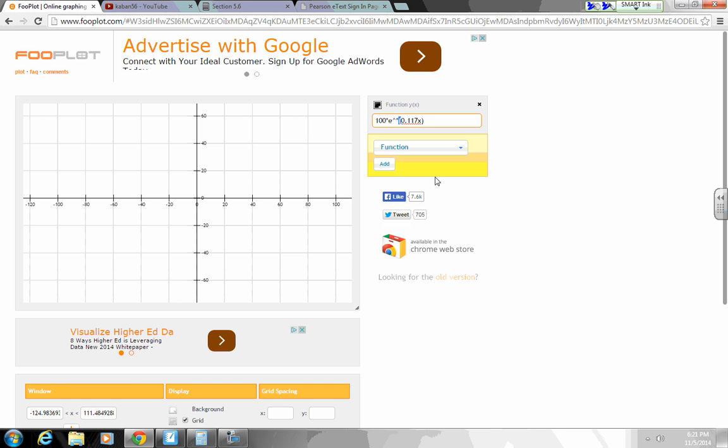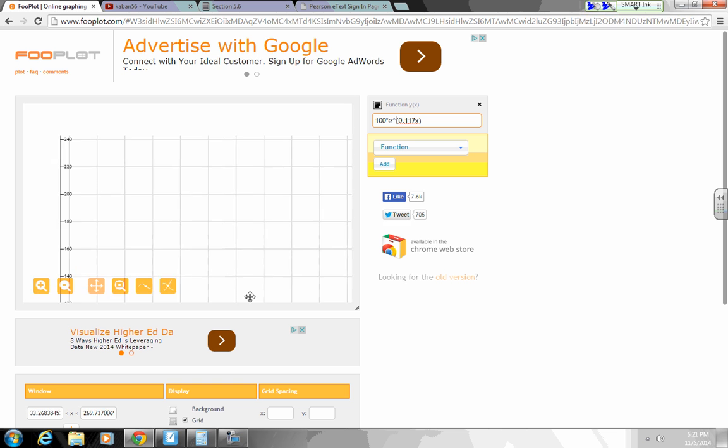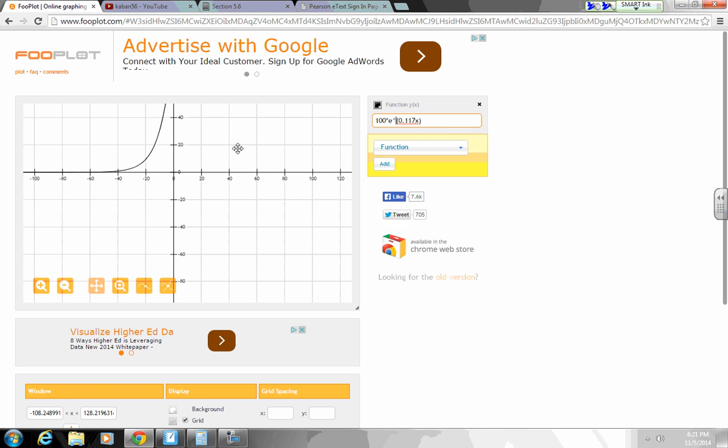Okay, yeah, I have an extra symbol here. Here we go. So it's still an exponential function, has the intercept at 100, so basically you get a lot of rabbits very, very fast, right?